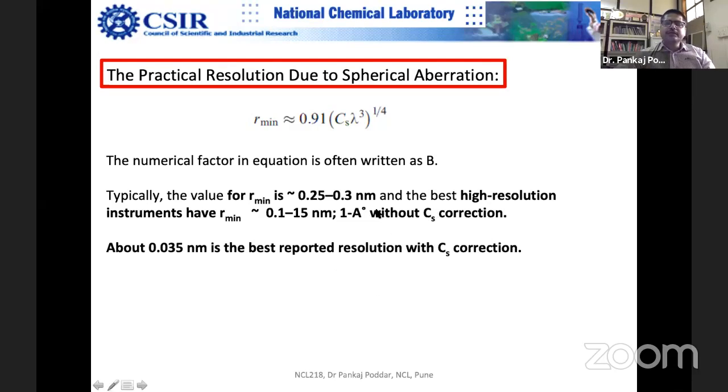Please remember that these are for poor people like us who cannot buy microscopes with Cs correction, right? But if you are at TIFR or JNCASR, they have this kind of a thing. So now the resolution limit has gone down. It was half an angstrom, but now it's around 35 picometer, so basically 0.35 angstrom.